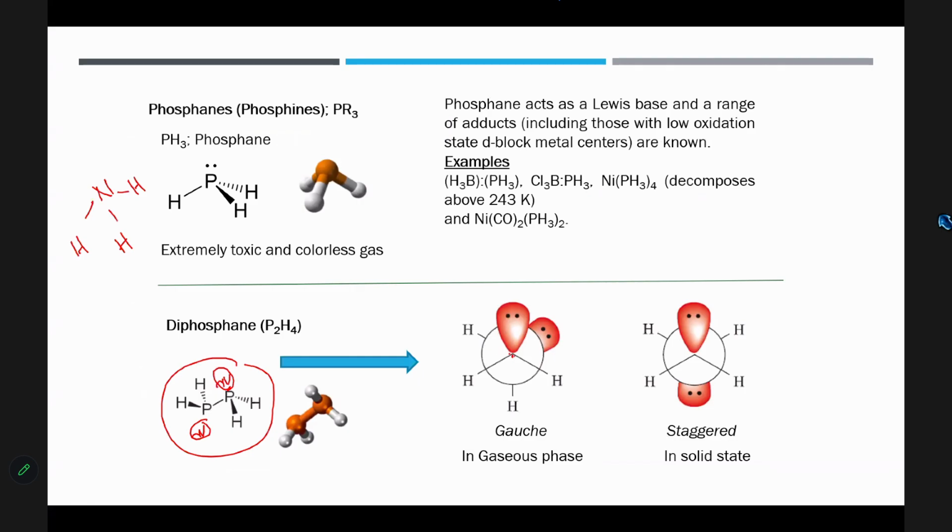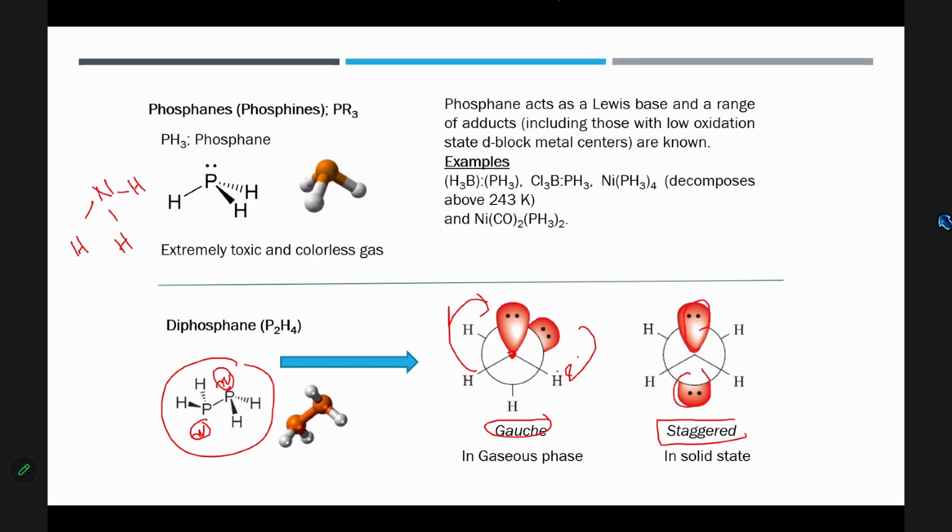One lone pair is here, two hydrogen atoms are here, and on the backside you have another lone pair and two hydrogen atoms, back to back. Now, this is staggered. Just like ethane, you rotate this a little more this side and that a little more, and you get a staggered geometry. Now the lone pairs are opposite to each other.